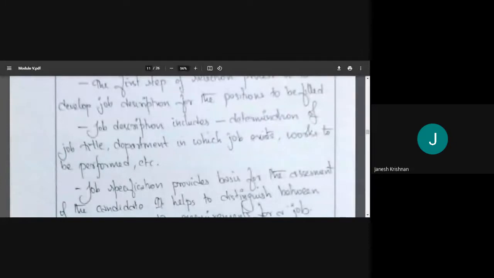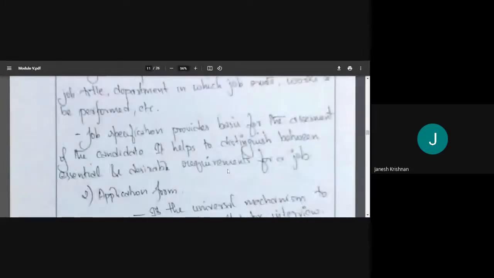And the specification gives you the basis for the assessment of the candidate. It helps to distinguish between the essential and desirable requirements. Essential requirements: we know for a site engineer he should be BTech in civil engineering, right? He must have certain experience. All these things are essential for the job.